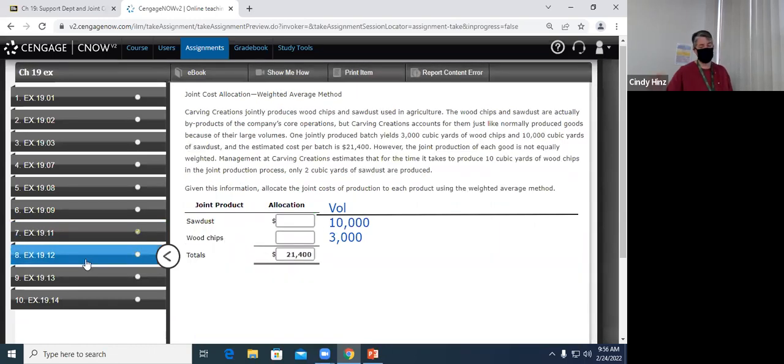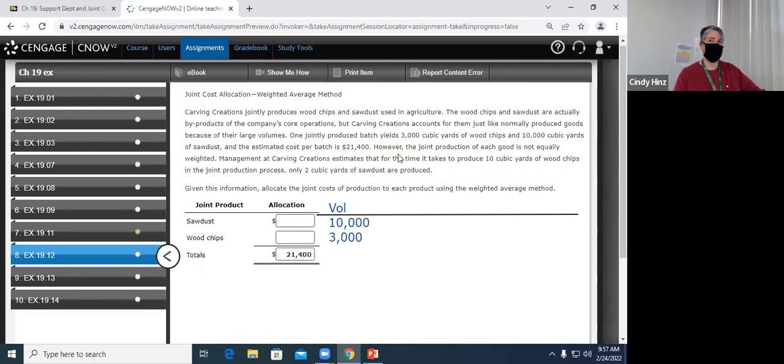Physical units method, I apologize, just totally drew a blank. If we just use the physical units method, we would simply add the 10,000 plus 3,000 and say, okay, it's 13,000 cubic yards. 10 of the 13, 10/13 of the cost goes to sawdust and 3/13 goes to wood chips. That would be the physical units method. We base it on the 10,000 and 3,000 cubic yards respectively.